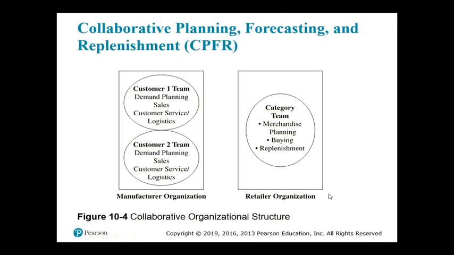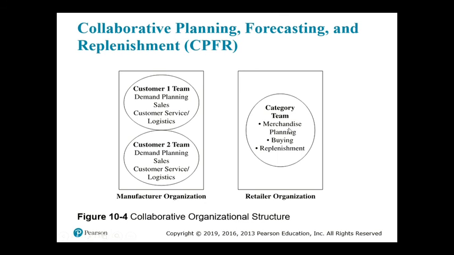For the retailer, we also need to generate dedicated teams, sometimes for individual suppliers. So if the supplier is large enough. A lot of times a retailer may have many different suppliers.